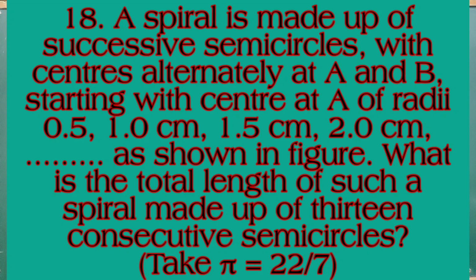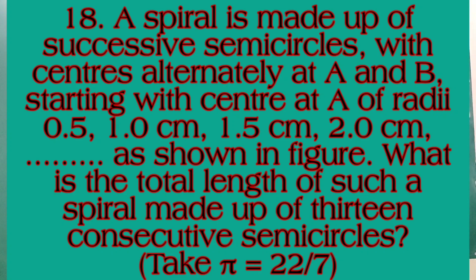A spiral is made up of successive semicircles with centers alternately at A and B, starting with center at A, of radii 0.5 centimeter, 1.0 centimeter, 1.5 centimeter, 2.0 centimeter, as shown in the figure. What is the total length of such a spiral made up of 13 consecutive semicircles?